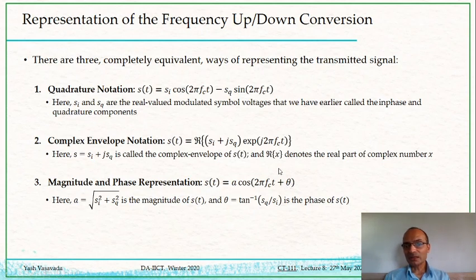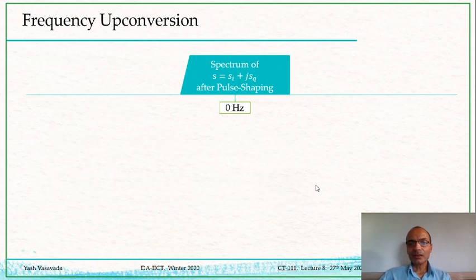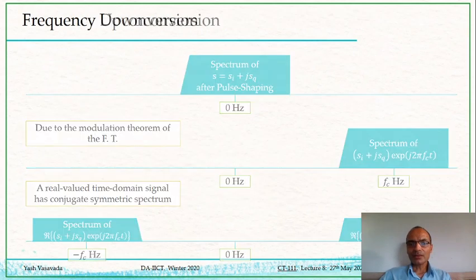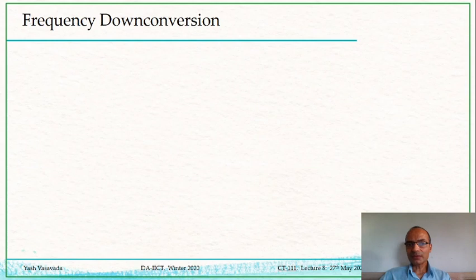Basically, with different symbols, we are modulating the phase of this cosine waveform. Whereas for quadrature amplitude modulation, we are changing both A and theta. Similarly, for amplitude and phase shift keying, we are modulating not only the phase but also the amplitude of these sinusoidal waveforms. Okay, so frequency down conversion.